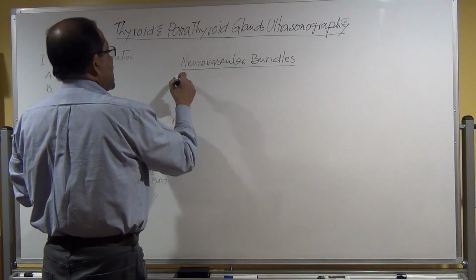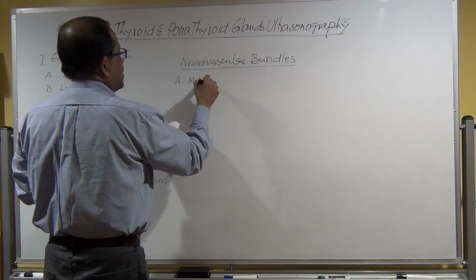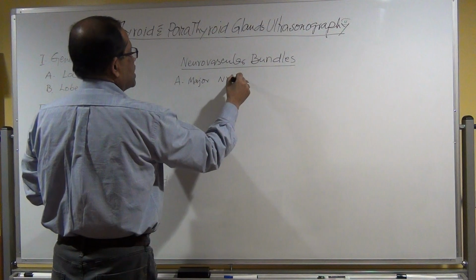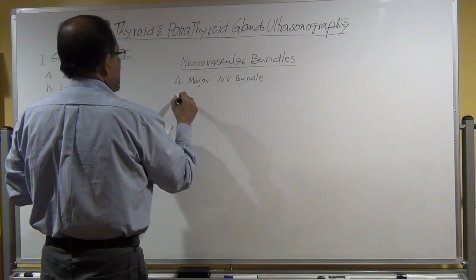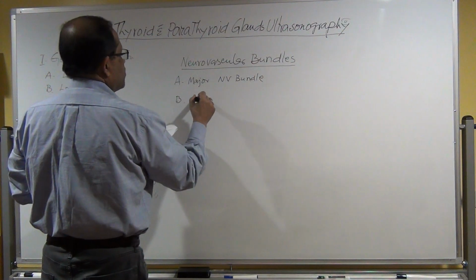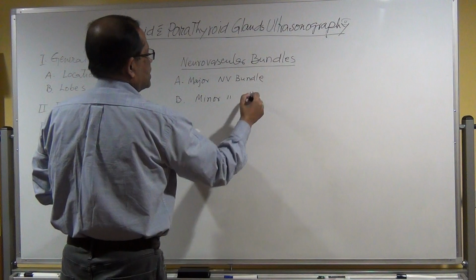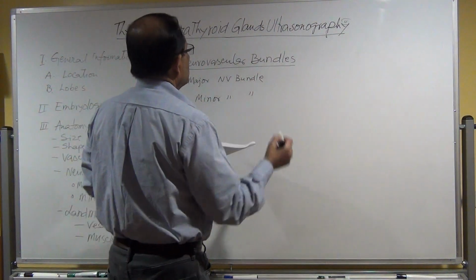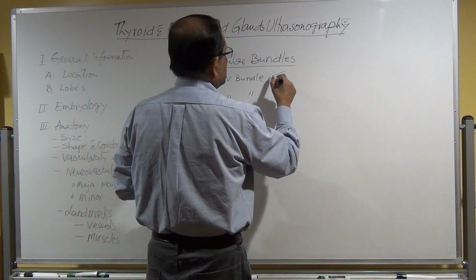Neurovascular bundle has major neurovascular bundle and minor neurovascular bundle. The major neurovascular bundle has three structures.